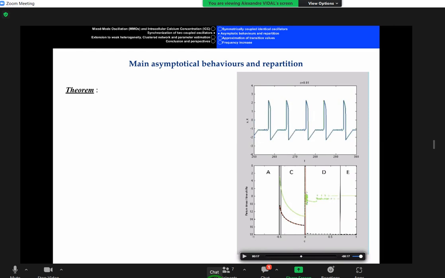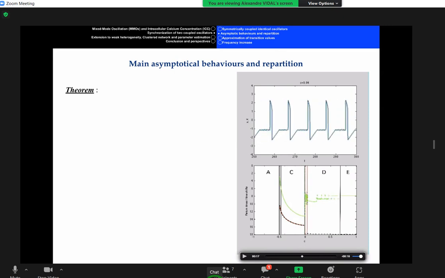But as you can see, we have a lot of points here for the return map of both oscillators, meaning that we don't have what we call a limit cycle, but a whole set of periodic orbits and chaotic behaviors, even if the time series, the qualitative behavior for the time series, is quite stable.